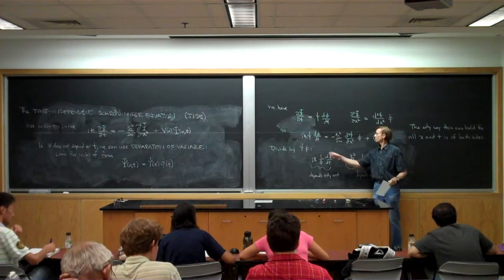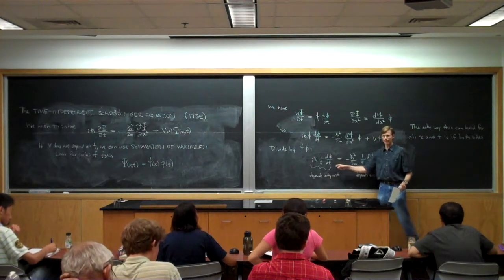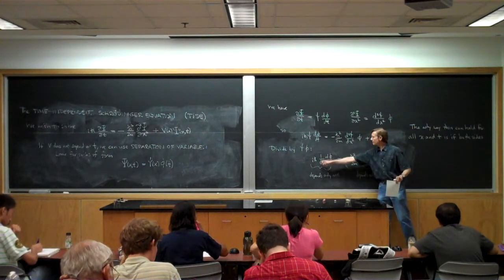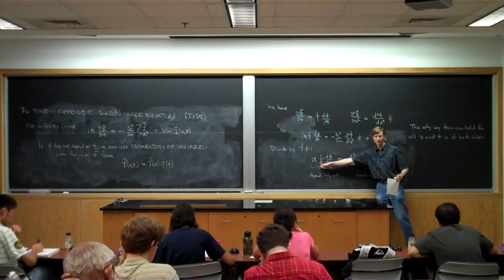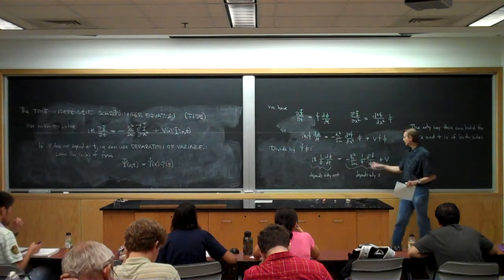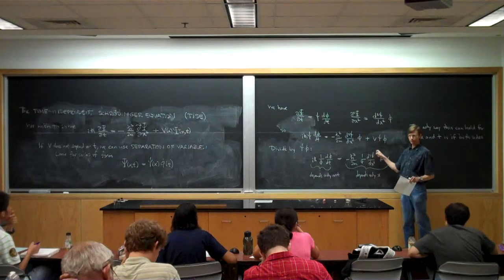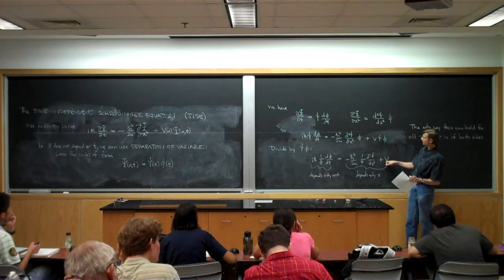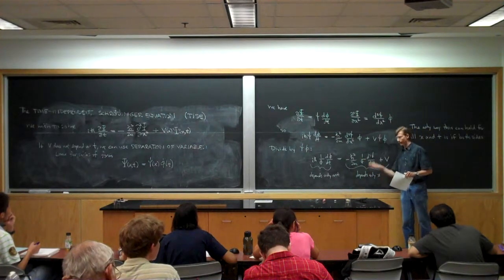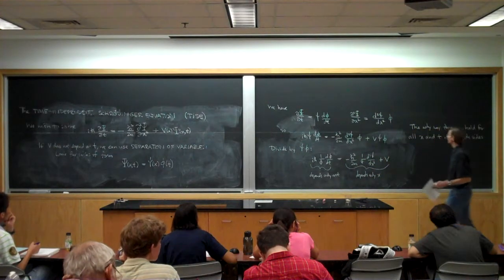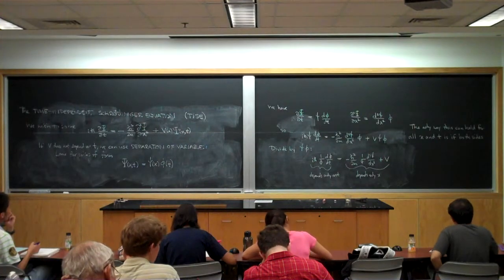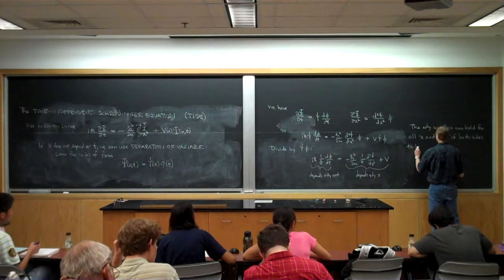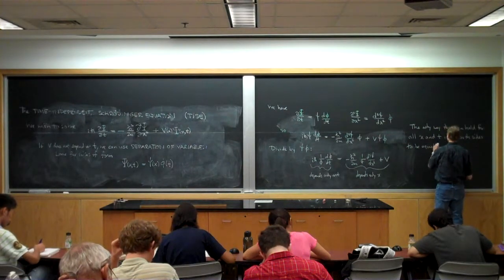It's saying that 1 over phi d phi dt is a constant, and that 1 over psi d squared psi dx squared is a constant, so that the time dependence of 1 over phi has to cancel the time dependence of d phi dt. The x dependence of 1 over psi has to, in combination with v here, cancel the d squared psi dx squared. So the only way this can hold for all x and t is for both sides to be equal to the same constant.